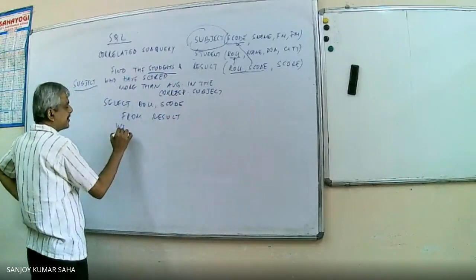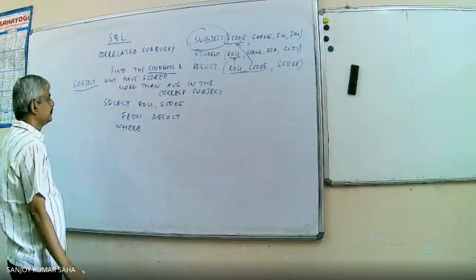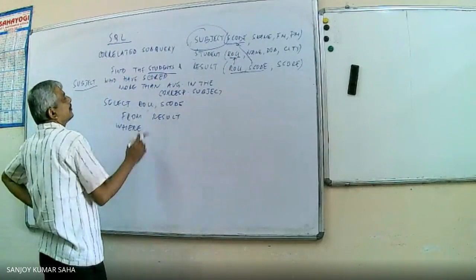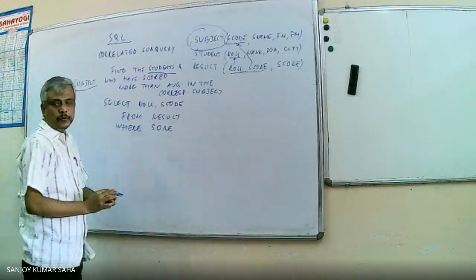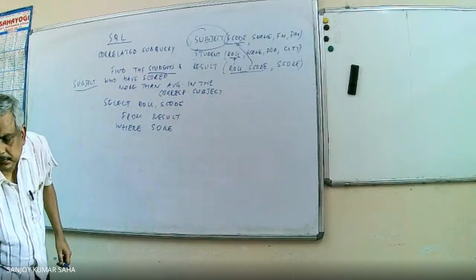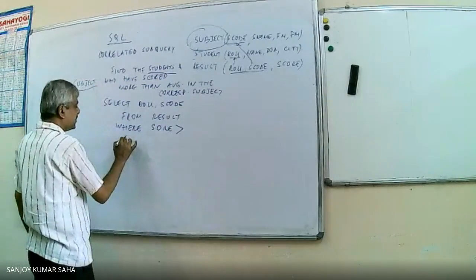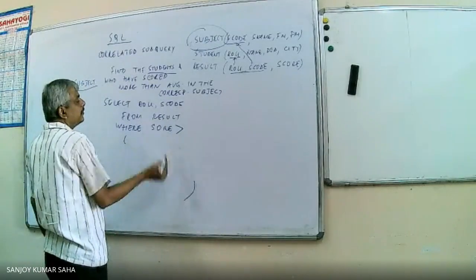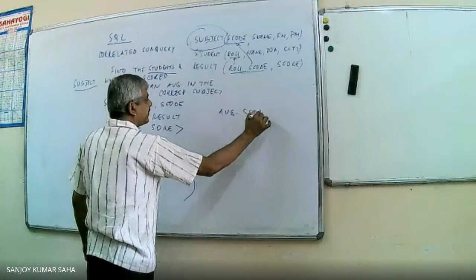So obviously there is a condition where score will be greater than. Now see, we have to find out the average score of that subject.